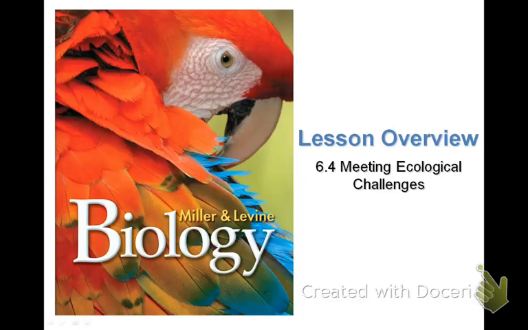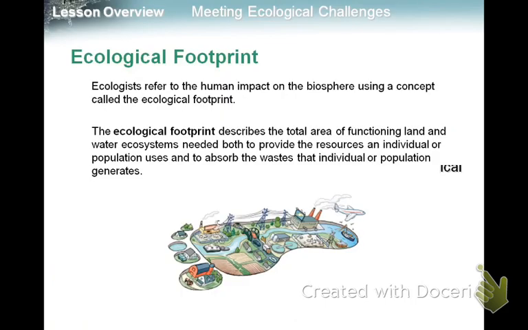We end chapter 6 trying to figure out where we go from here. We have to look at ecological footprints, and the things we have to keep in mind, things we have to consider, is the total area of land and water ecosystems needed to provide resources an individual or a population uses, and afterwards, what happens to all the wastes that a population generates.